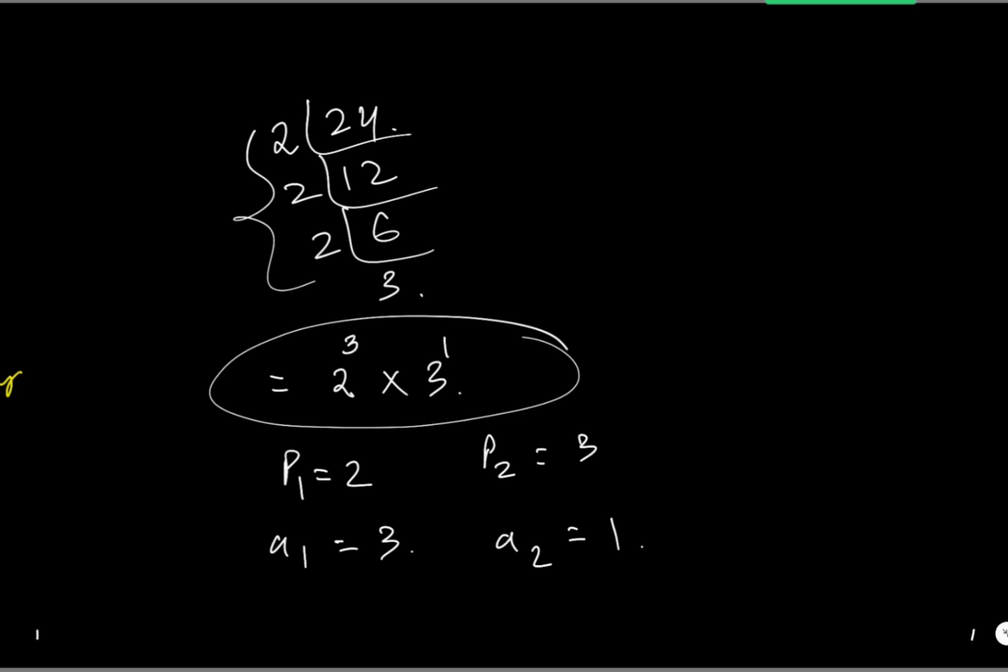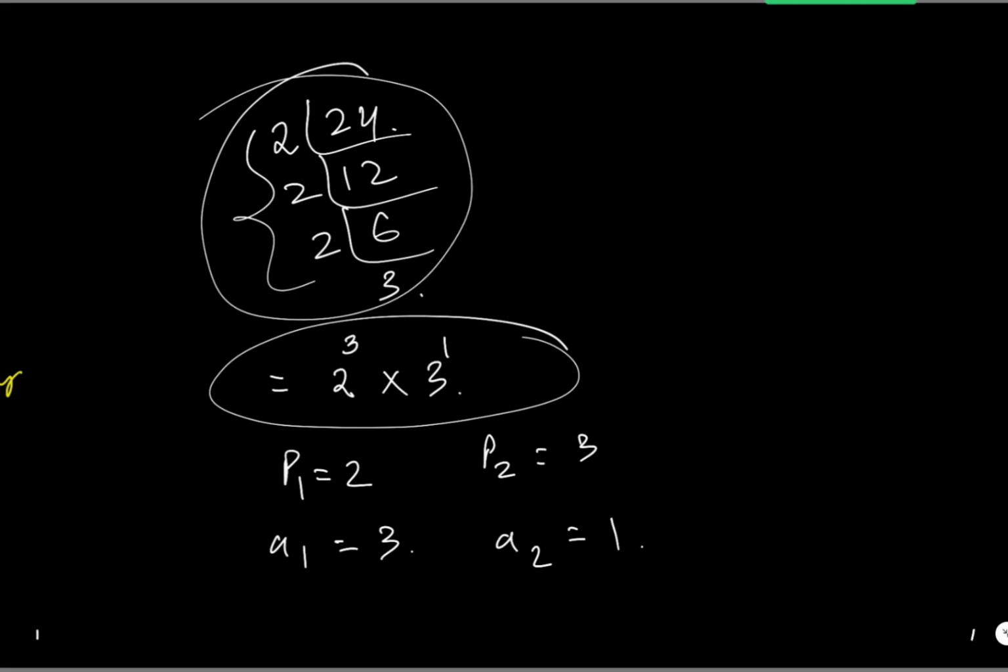And canonical decomposition is simply the standard or unique form of writing the prime factorization. Find out the prime factorization of the numbers on the right hand side of your answer sheet.